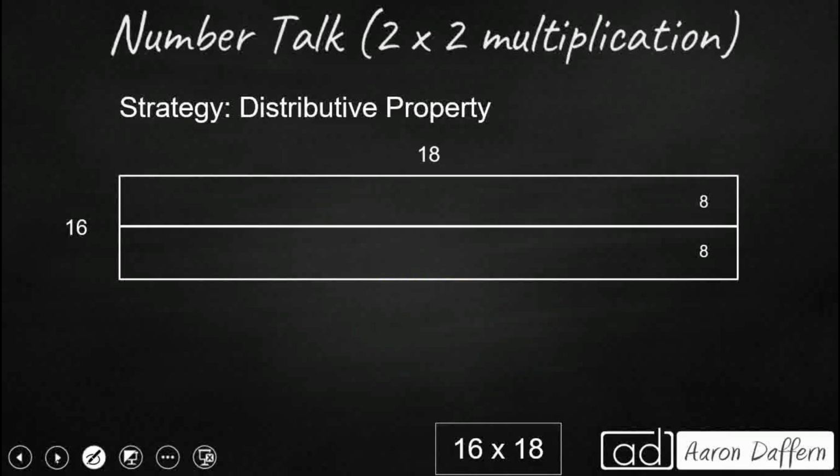Now we could also keep the 18 together and simply break apart that 16. So let's see what we have here. 16 times 18. And let's just take our 16 and cut it in half. 8 and 8. So we're going to distribute out that 18 and multiply it by both addends to get our partial products. So I've got 8 times this 18.